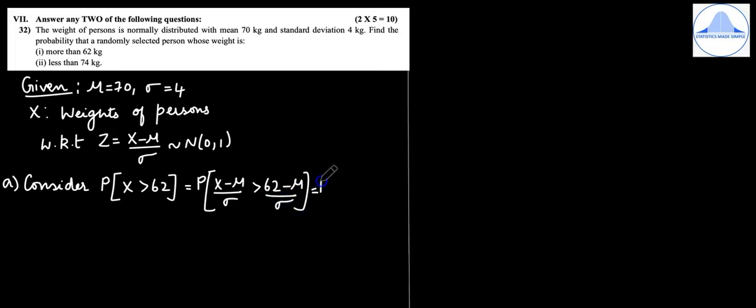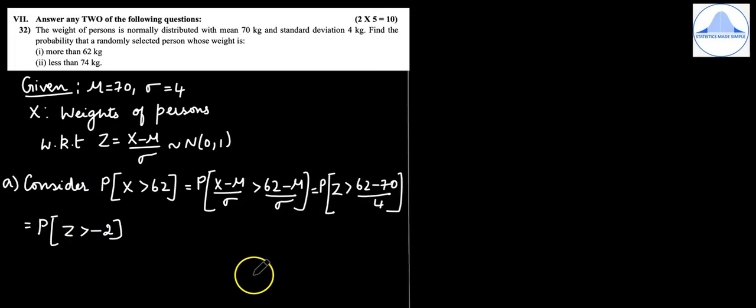So this is equal to probability of x minus mu by sigma, which is z, greater than 62 minus 70 divided by 4. So you get probability of z greater than minus 8 divided by 4, which is minus 2.